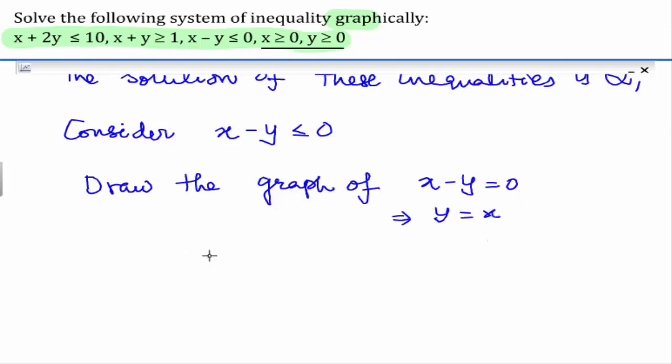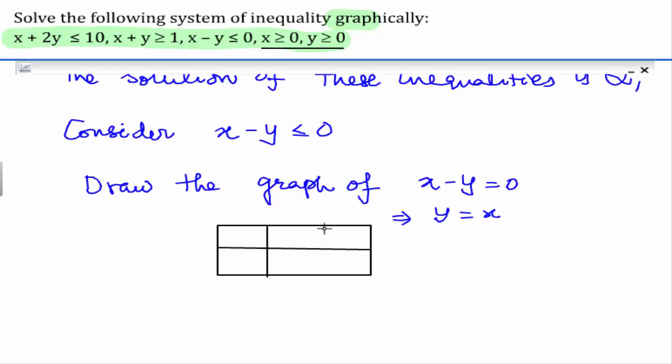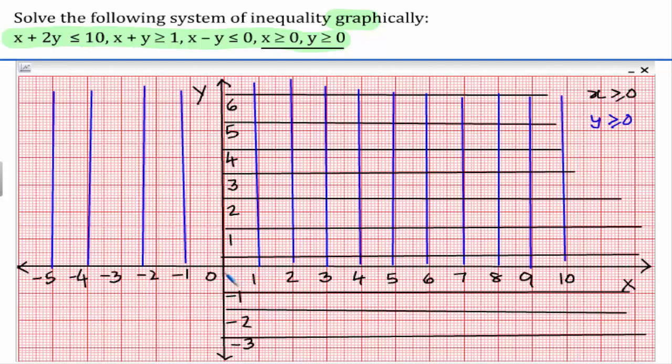It's very simple to take the points because x and y are equal. When x is 0, y is also 0. If x is 1, then y is also 1. So the ordered pairs will be 0, 0 and 1, 1. So here is the origin and 1, 1 will be here. Now let us join them.